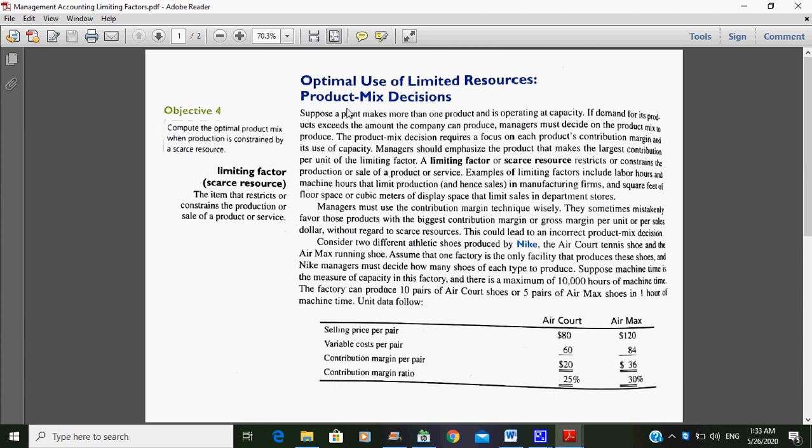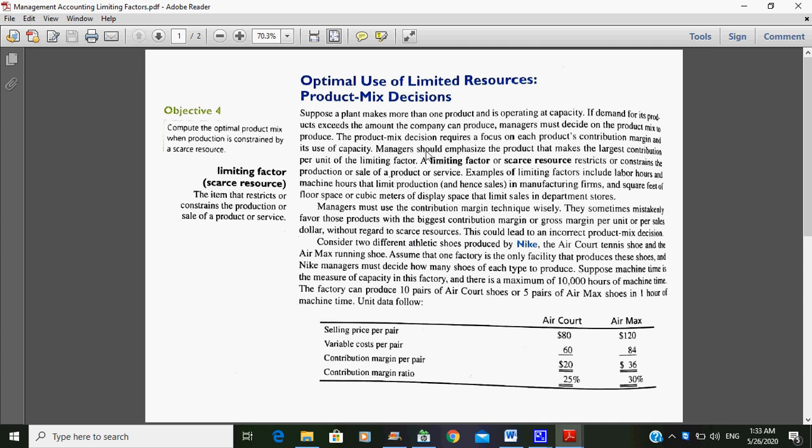Let's look at this. Suppose a plant makes more than one product and is operating at capacity. If demand for its products exceeds the amount the company can produce, managers must decide on the product mix to produce. The product mix decision requires a focus on each product's contribution margin and its use of capacity.